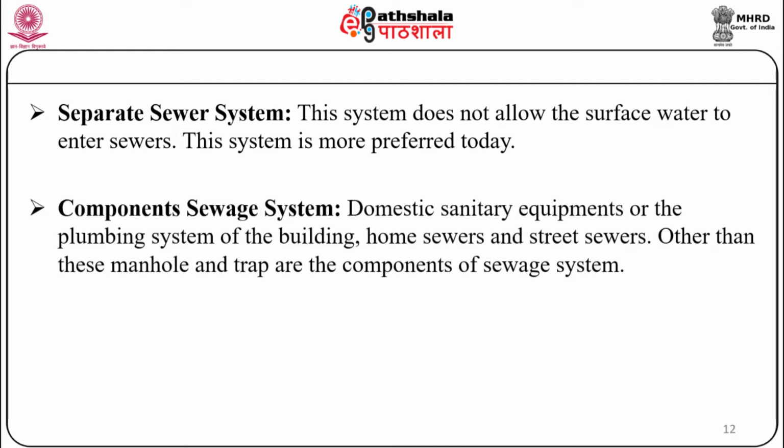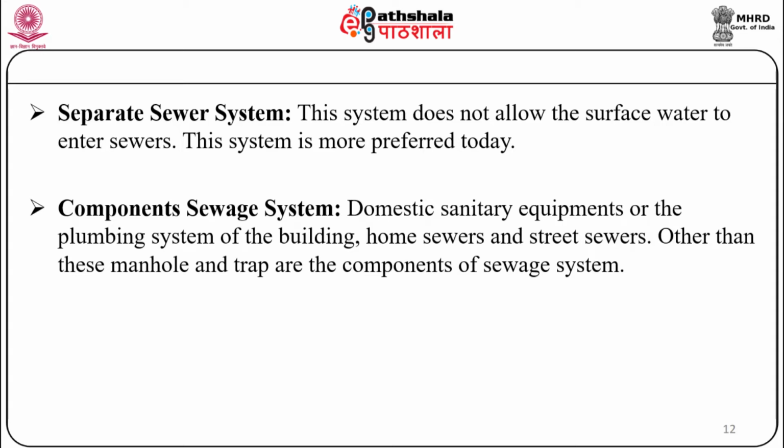Components of sewer systems: domestic sanitary equipment or the plumbing system of the building. Then we have home sewers and street sewers. Other than these, manholes and traps are components of the sewer system.